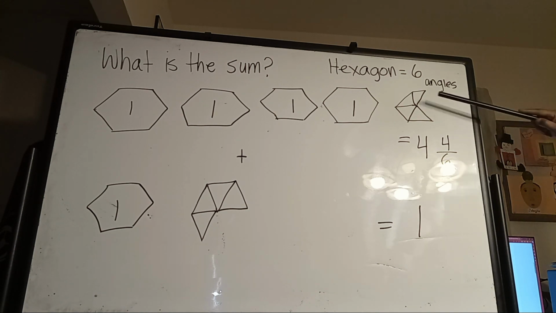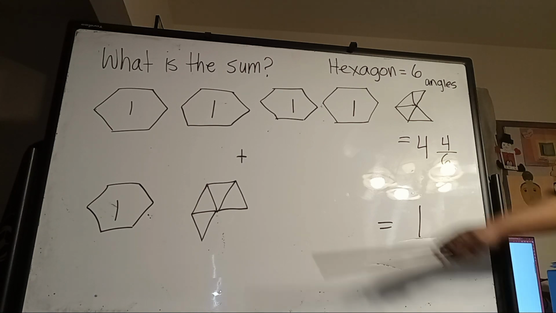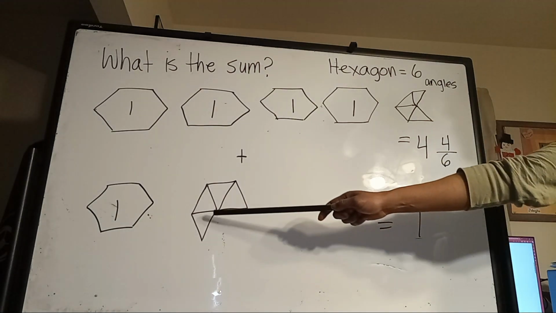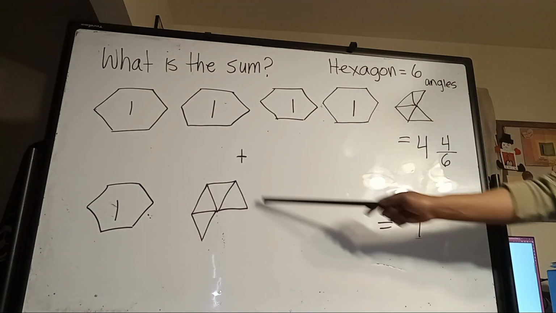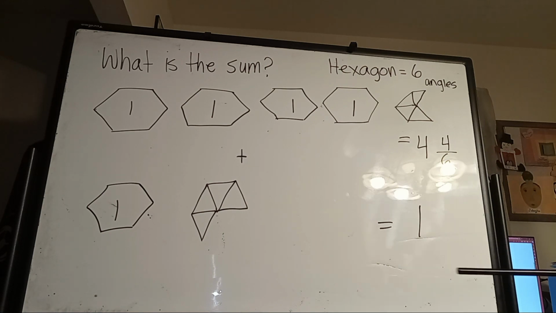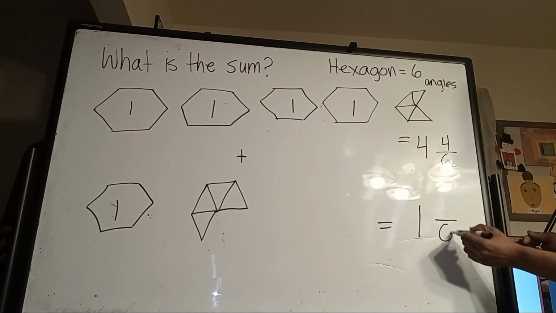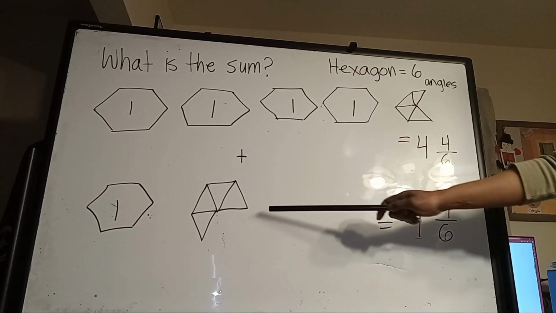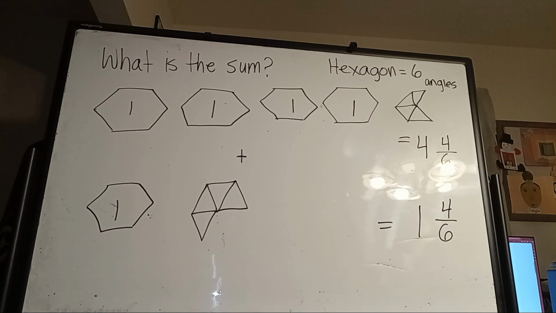So that's how we got 4, because those were 2 diamond shapes. But this one was already depicted for you to see that they were how many triangles? 4 triangles. So again, hexagon is 6 angles, so that gives us our 6, and that also gives us our 4 for the fraction part of the diagram.